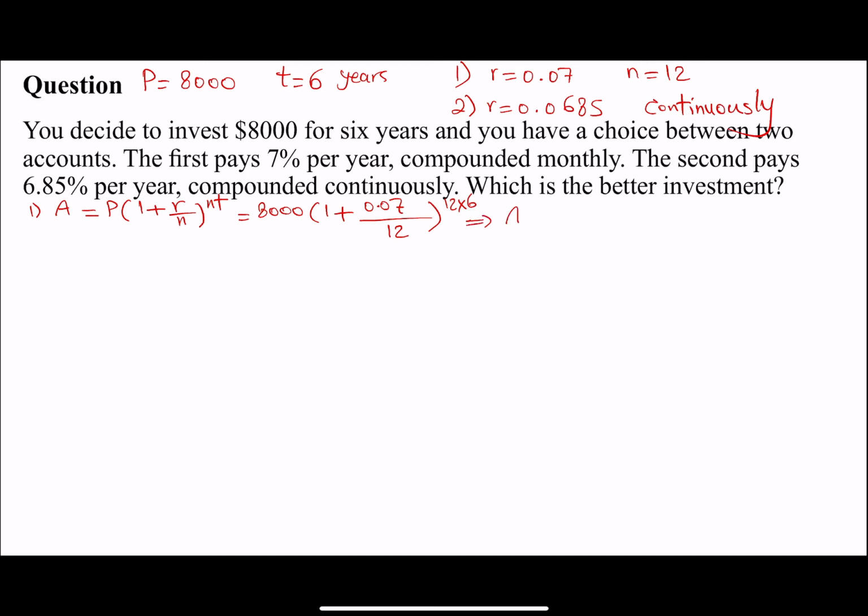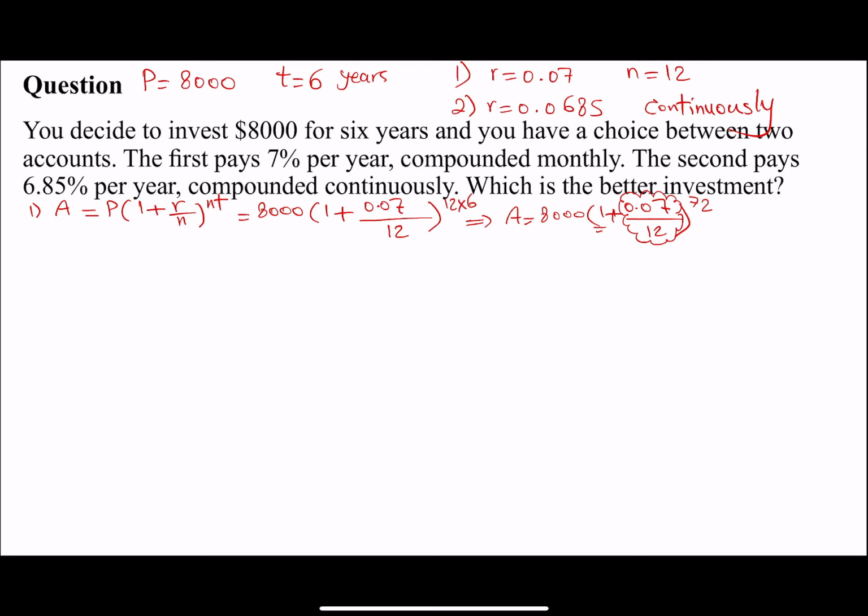So future value is 8,000 times 1 plus 0.07 over 12, to the power of 12 times 6, which is 72. Guys, don't forget, first of all, you need to calculate 0.07 over 12. I'm going to use my calculator. 0.07 divided by 12, whatever it is, add it to 1.